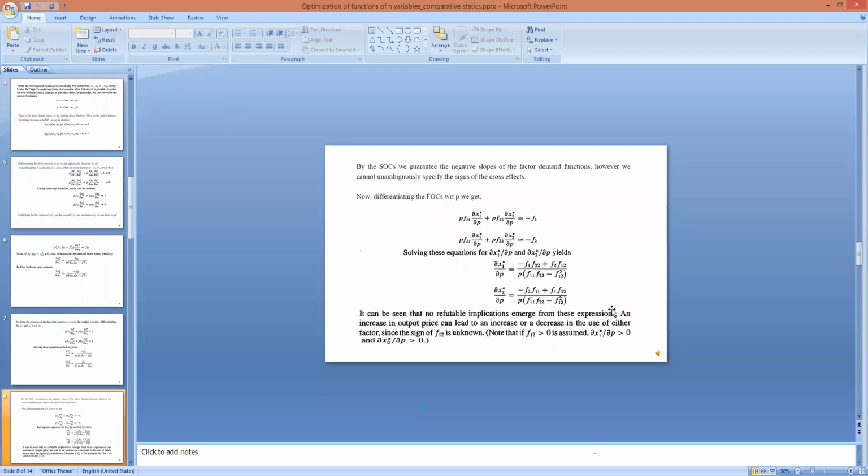Ma'am, so this is basically the product rule, simply. Product rule, chain rule, yes. Along with the chain rule, we also have the product rule, U into V. P into F1, P into F1. So P is U, F1 is V. In the second expression, P F2.